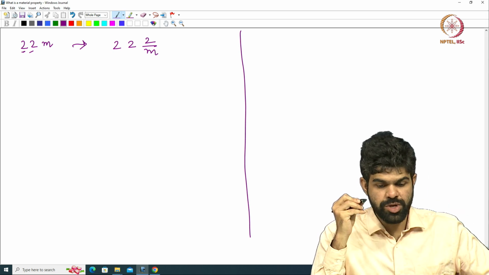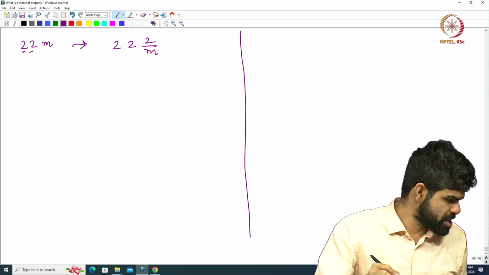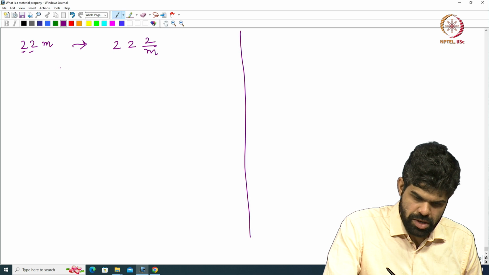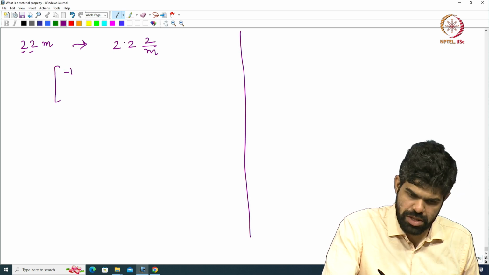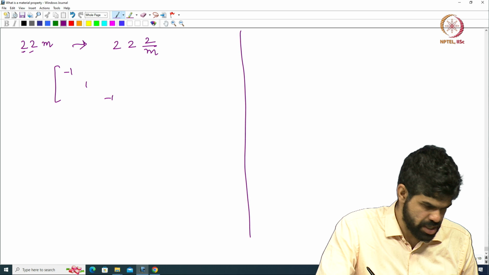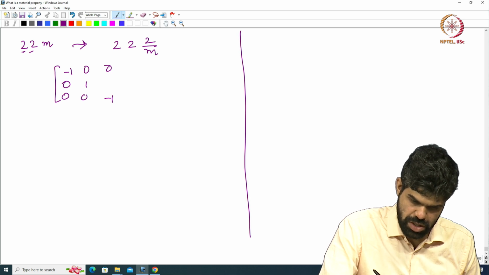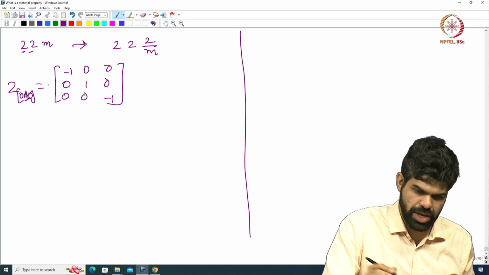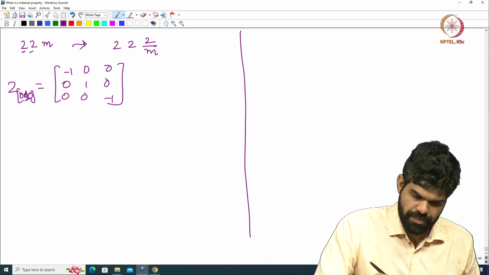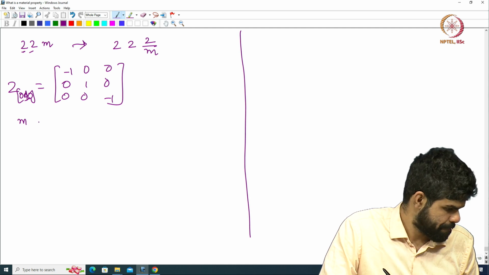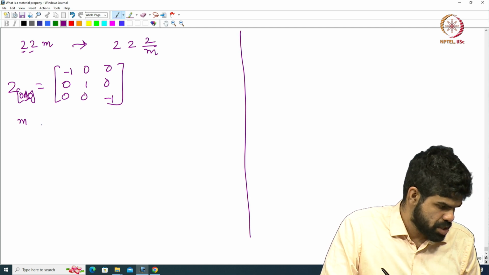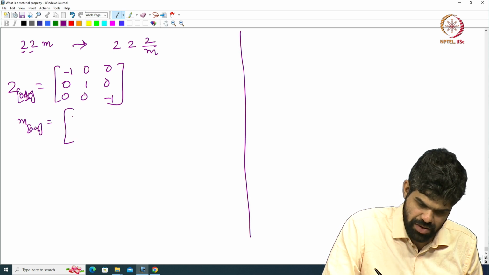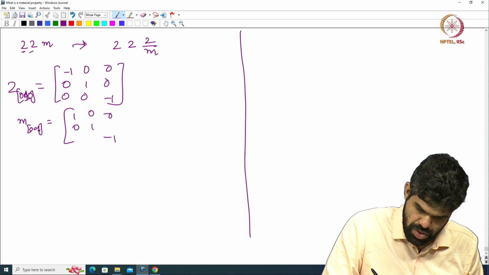Okay. Now you can also show that if I have a twofold axis of symmetry about the b axis, which is -1 1 -1 0 0 0 0 0 0, this is a twofold axis of symmetry about 0 1 0, okay, and I have a mirror about the z axis, which is 0 0 1, and that will be written as 1 1 -1 0 0 0 0 0 0.